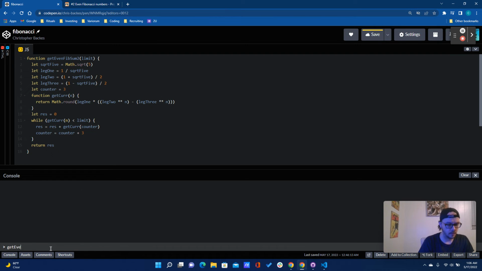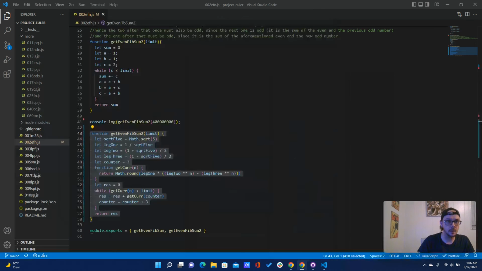Get some. I called it 2. I should have called it 3, since that was the third instance. Get even fib sum 2.